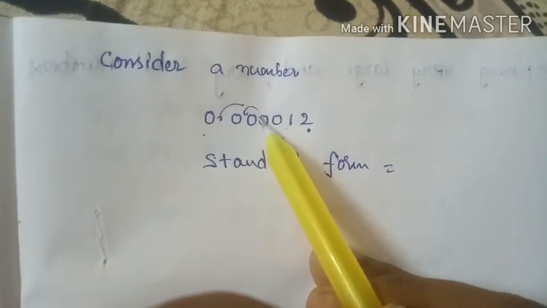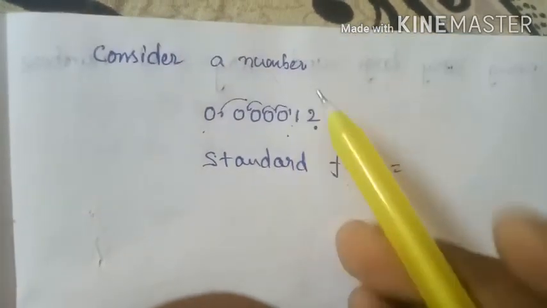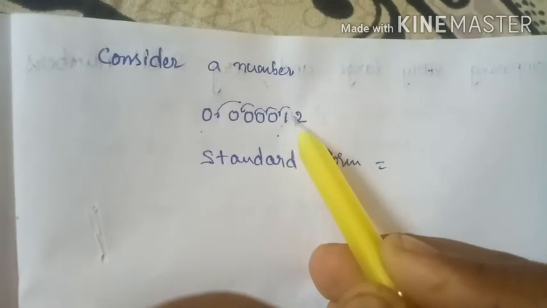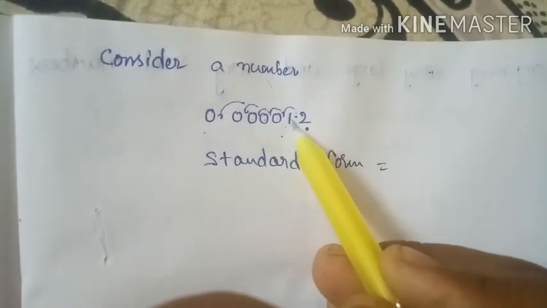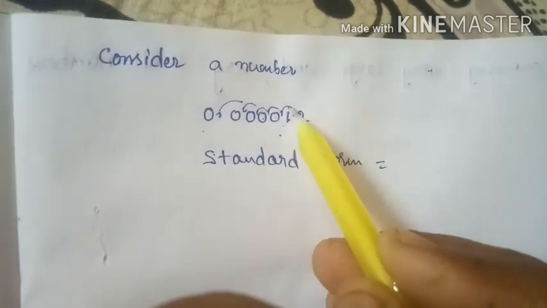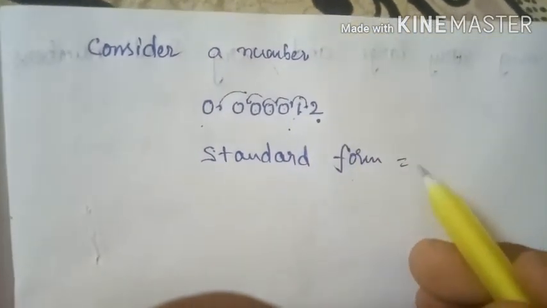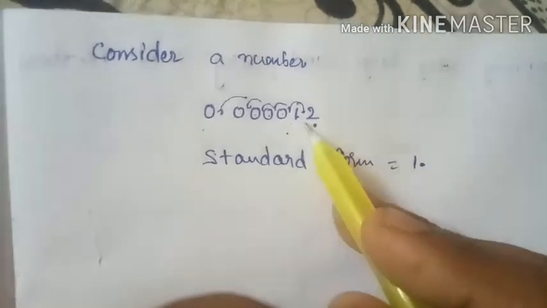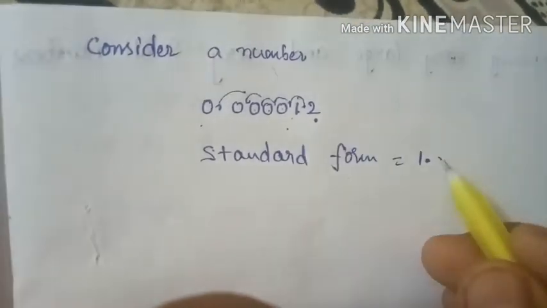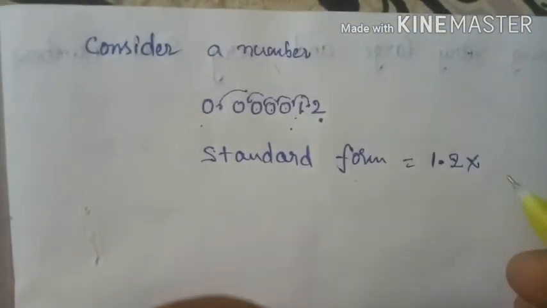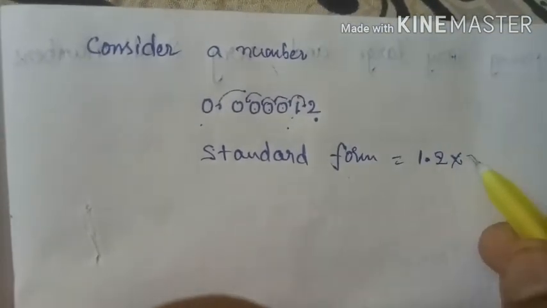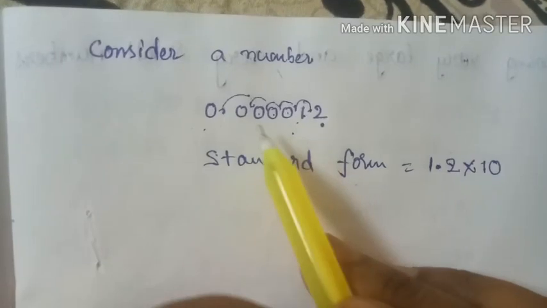We have to search for the decimal. So 1 jump, 2 jump, 3 jump, 4 jump, 5 jumps. So after 5 jumps you should keep the decimal. That means 1 point, and the rest of the number we should write here: 2, into, what is the base? We should take 10 power.